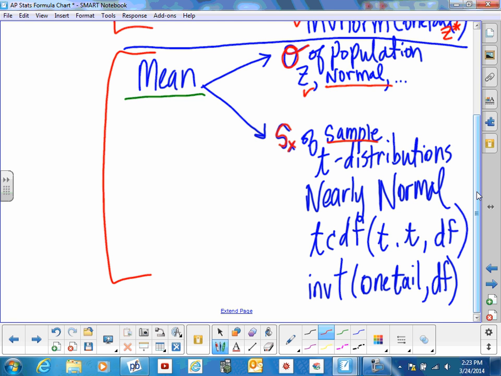So that is when we use these t-distributions because they are more varied. We're using our t-distributions, which are more varied than the standard normal curve. That's why we call them nearly normal. So when we are doing computation, we're doing our t-CDF from the lower t to the higher t, because these are from least to greatest.